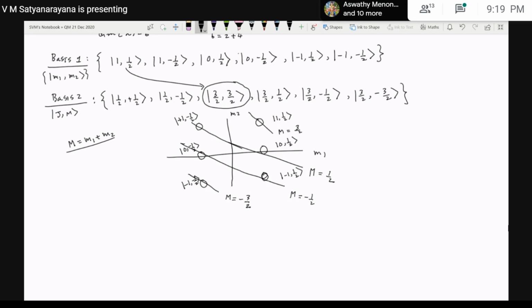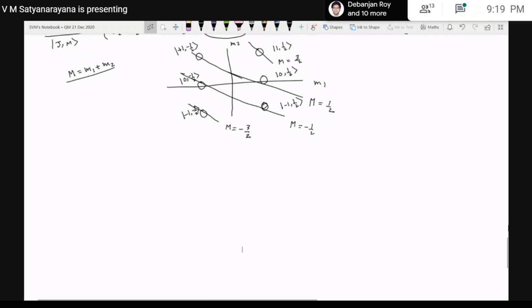So now you can see that among all these six different values, let me now just look at what can be directly written. For example, I can directly write 3 by 2 comma 3 by 2 is simply 1 comma half, because there is only one particular point here.